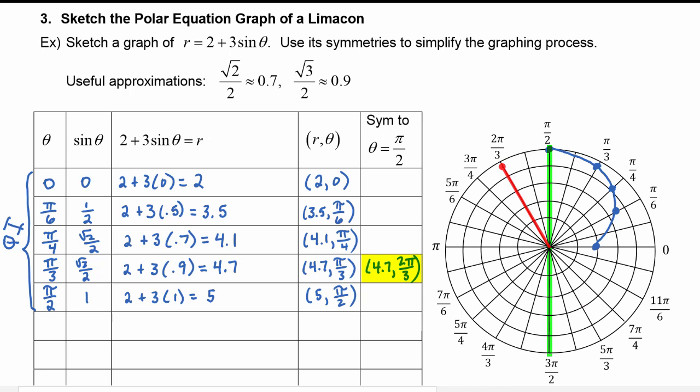So we get that point for free. And the point (4.1, pi over 4) right here is going to fold over and become (4.1, 3 pi over 4). So that will be right here.